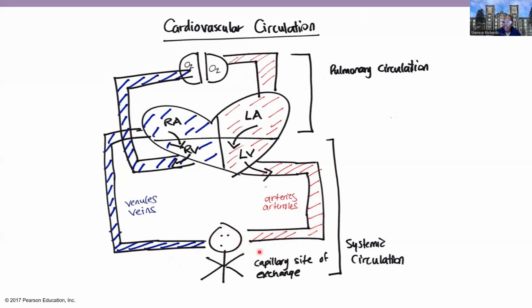Capillary beds are the site of exchange. So very tiny vessels, the most abundant vessel though, and then venules converge to veins, which converge to the large elastic veins like the IVC, and those come back to the right atrium, then right ventricle.